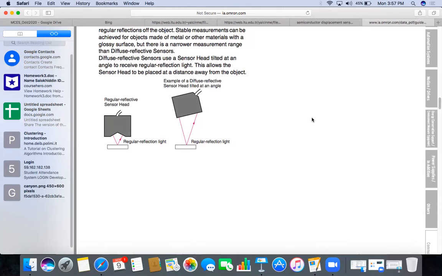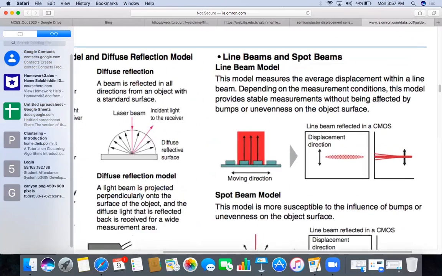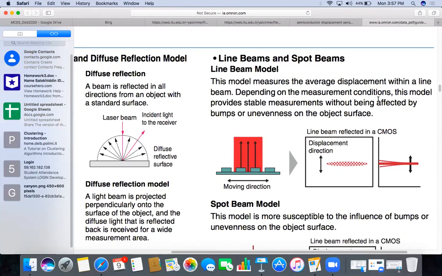This is the figure showing the regular reflective sensor head and an example of a diffuse reflective sensor head tilted at an angle. Line beams and spot beam. Line beam model: this model measures the average displacement within a line beam. Depending on the measurement condition, this model provides stable measurements without being affected by bumps or unevenness on the object surface.